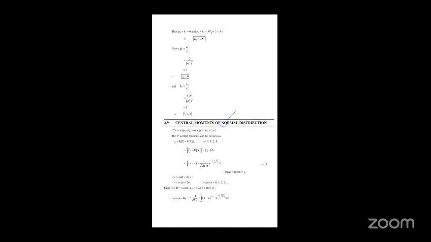So what they are saying here: x follows the normal distribution with the parameters mu and sigma square, where mu will be having the interval of minus infinity to infinity, and sigma square is greater than 0. So this is the thing we use for the central moments. So mu r is equal to the expectation of x minus expectation of x, whole power r.